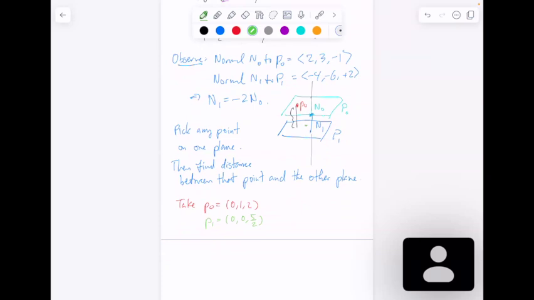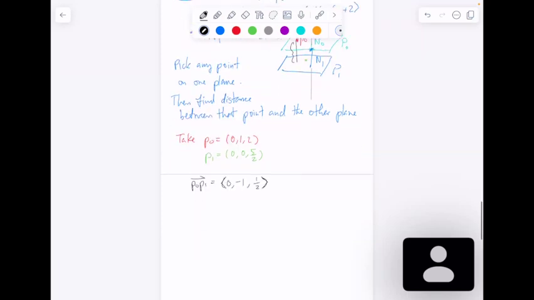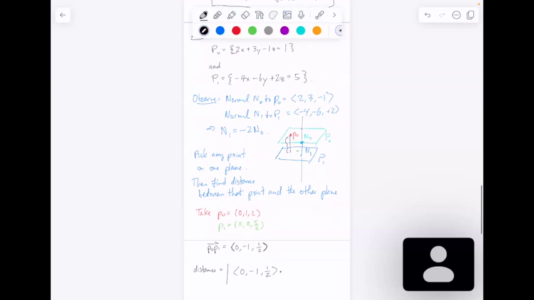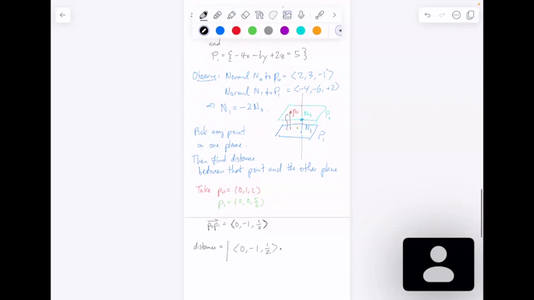And so the vector is going to be 0, minus 1, and 1 half, in angle brackets. And so the distance is going to be the absolute value of 0, minus 1, 1 half, dotted with the normal vector. So this is P0 to P1.